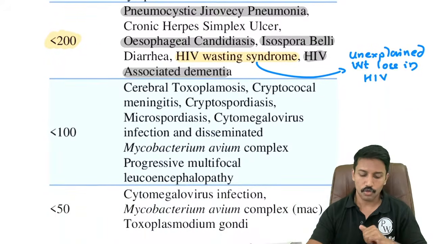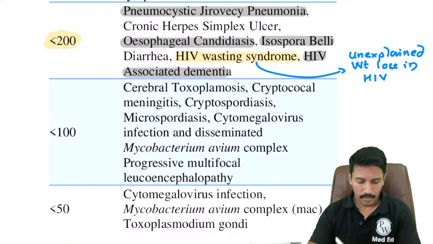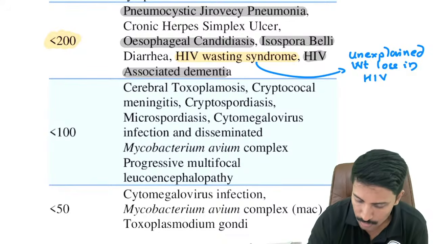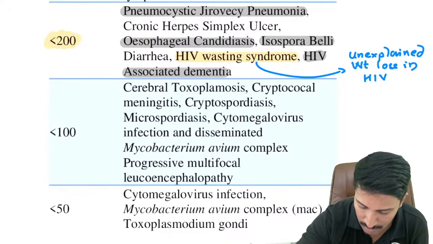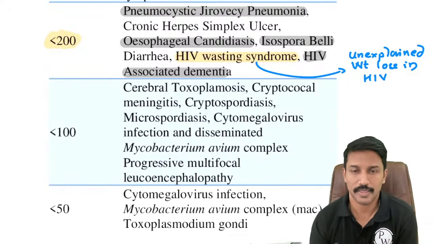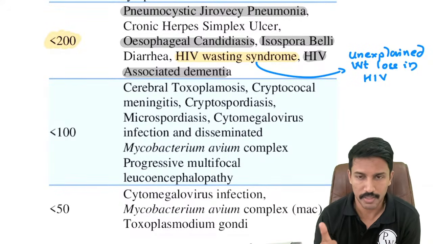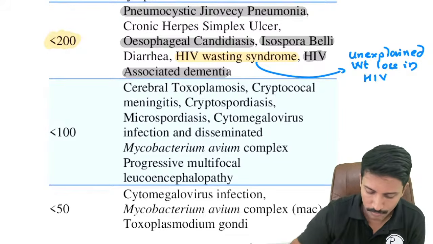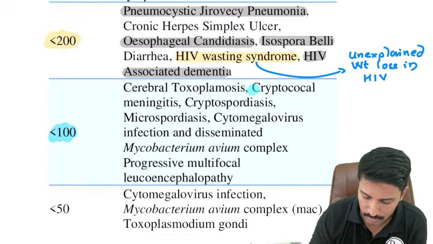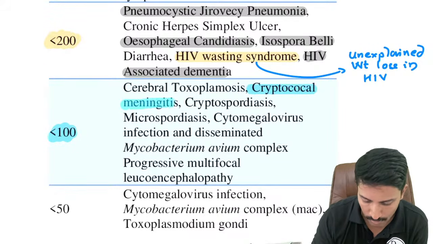When the CD4 count drops below 100, then we start getting the risk of infection with Toxoplasma gondii, presenting as cerebral toxoplasmosis. Then cryptococcal meningitis, which has been a repeatedly asked MCQ for the NEET PG exam: which CD4 count puts someone at increased risk of cryptococcal meningitis?